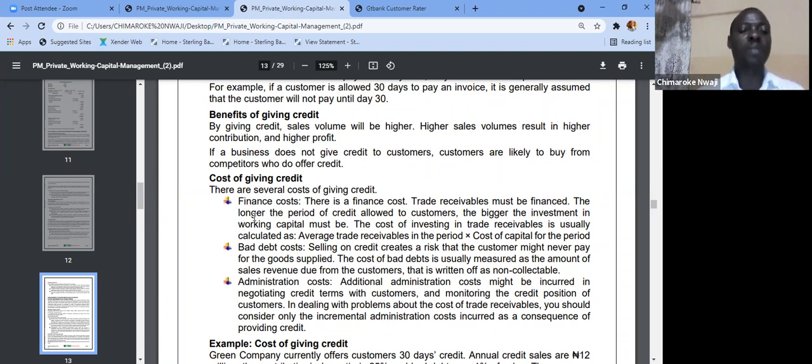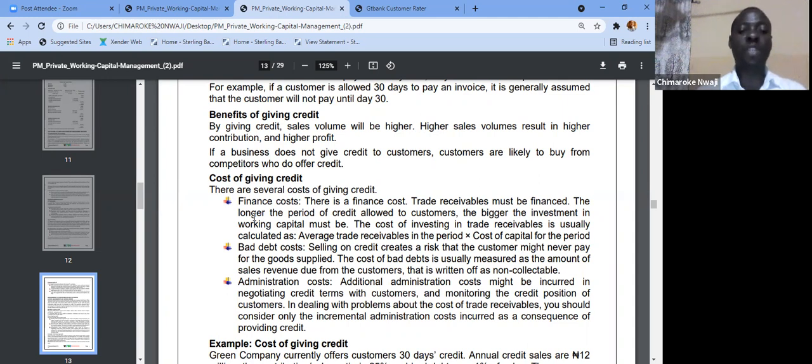But sometimes some of them go bad automatically and you have to write them off. If you had not given these things on credit, you would not be incurring bad debt. So anytime you are giving out goods on credit, you are telling yourself that it is possible this customer will not pay me and it will become a bad debt.